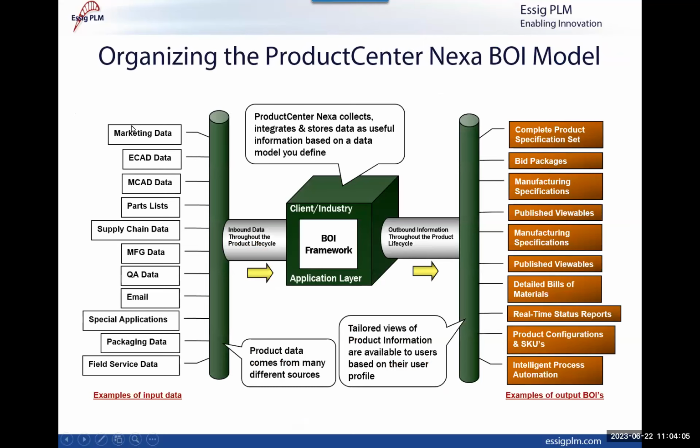So typical data sets, such as marketing data, ECAD data, MCAD data, the list goes on and on. What we want to do is slowly get those companies or those departments within our company or our divisions, because multiple divisions is now much more common, put it into this black box, this BOI framework, which is ProductCenter Nexa.